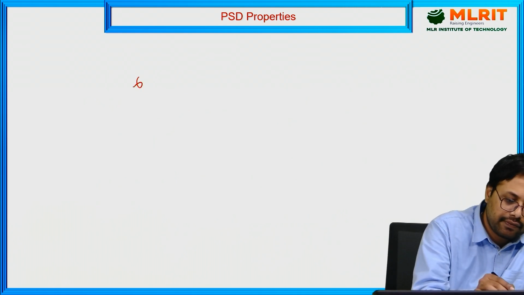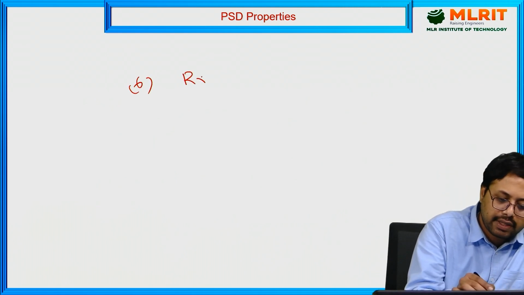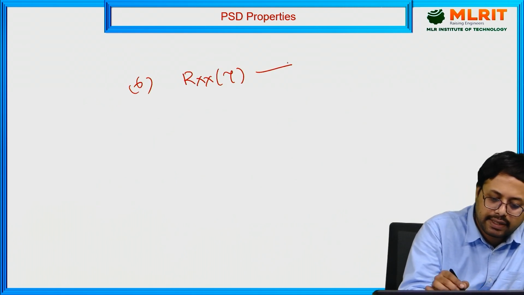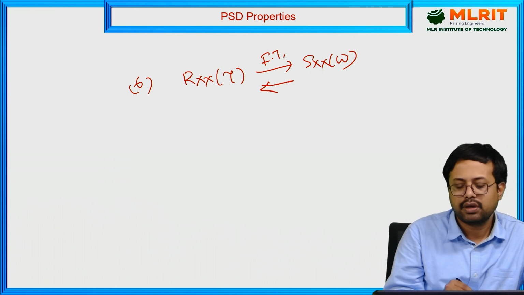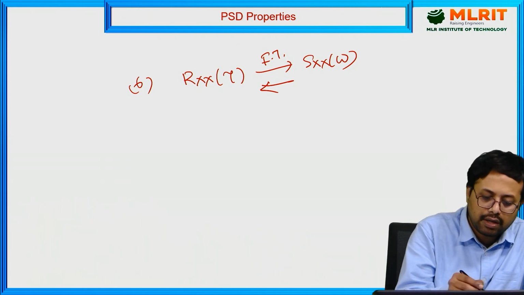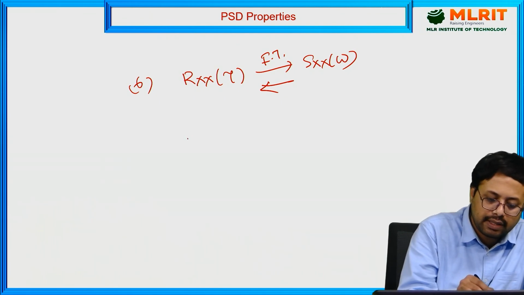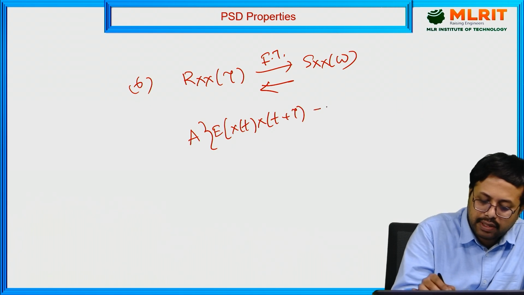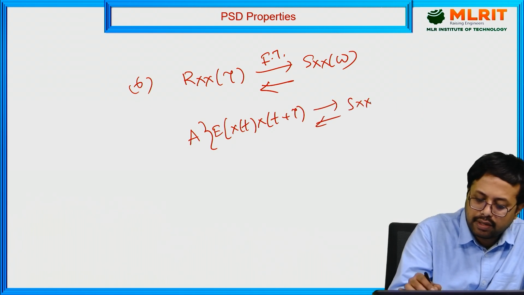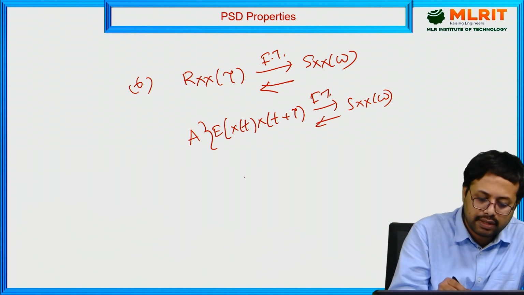The autocorrelation function and the power spectral density form a Fourier transform pair. Or we can also say that the time average of the autocorrelation function and the power spectral density form a Fourier transform pair.